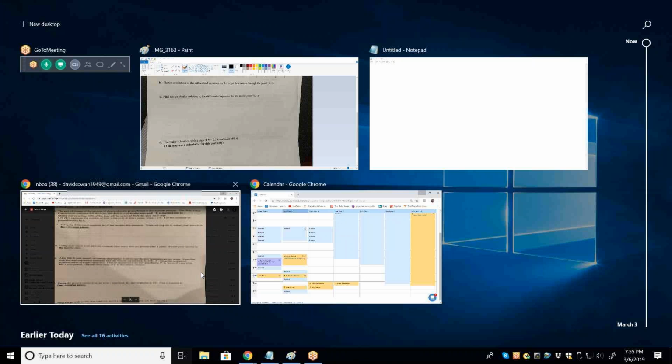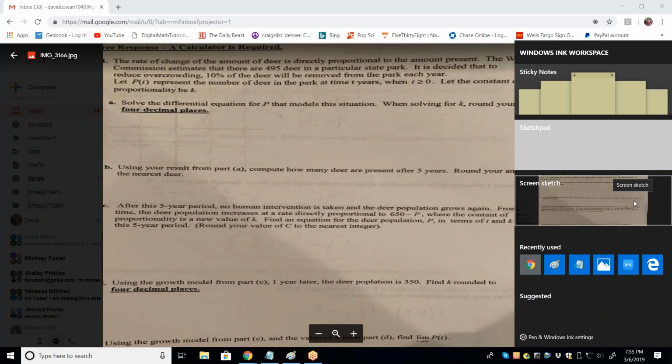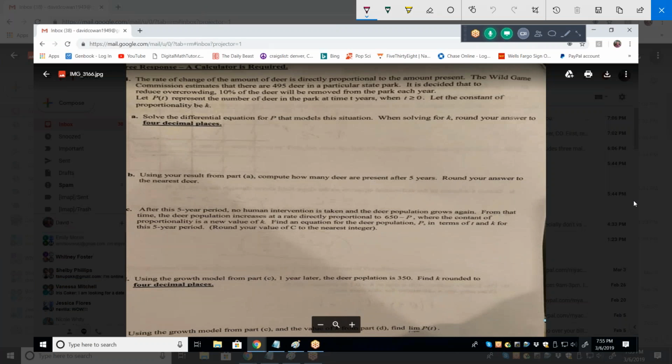Okay, now let's go back and look at the problem. I figured out how to put your other document vertical. Okay, so our equation is going to be y equals c e to the kt, which is kind of where I started tonight's session. But I didn't realize that question A says solve the differential equation for that.